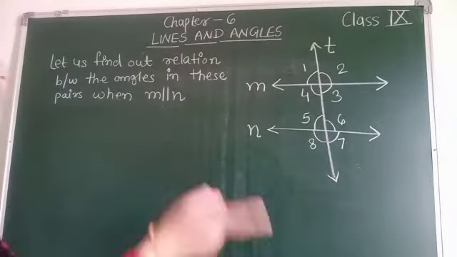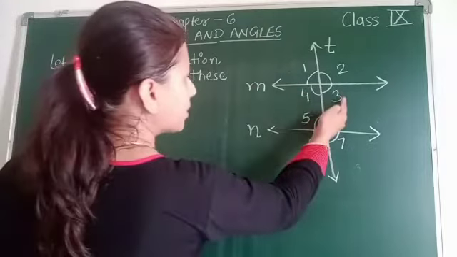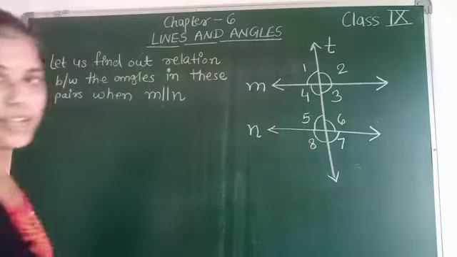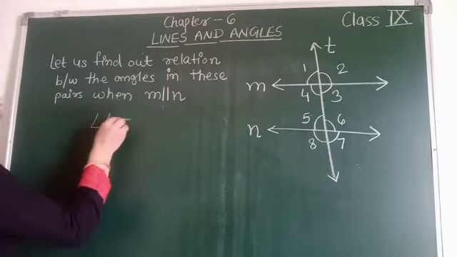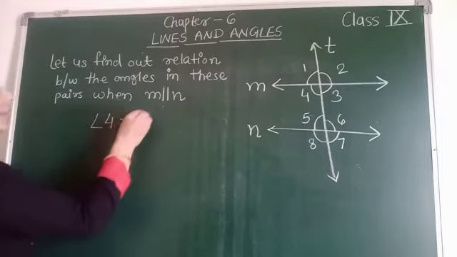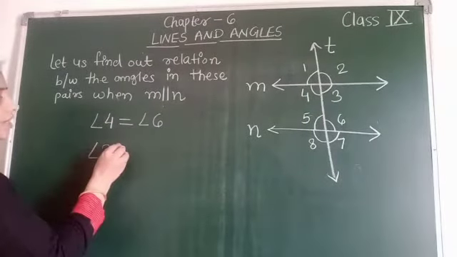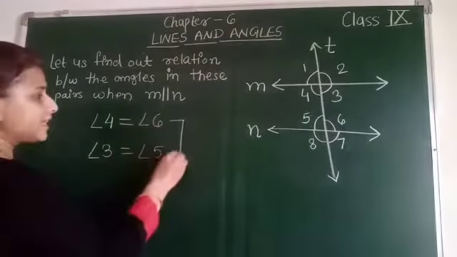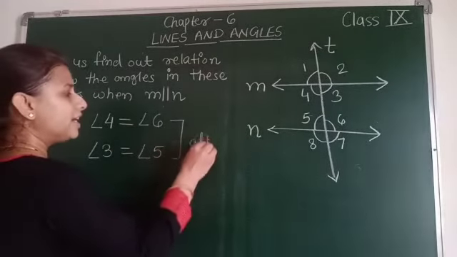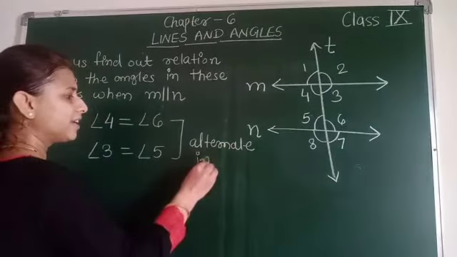Now measure angle 4 and angle 6, and then angle 3 and angle 5. You will get angle 4 equal to angle 6, and angle 3 equal to angle 5. All these are your alternate interior angles.